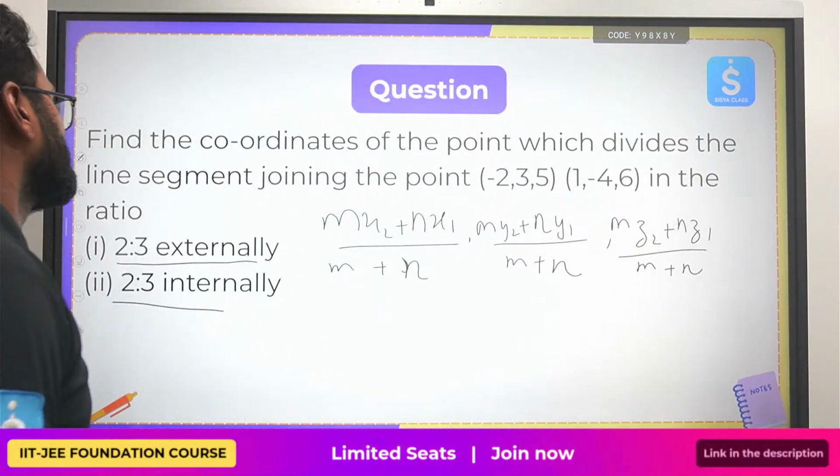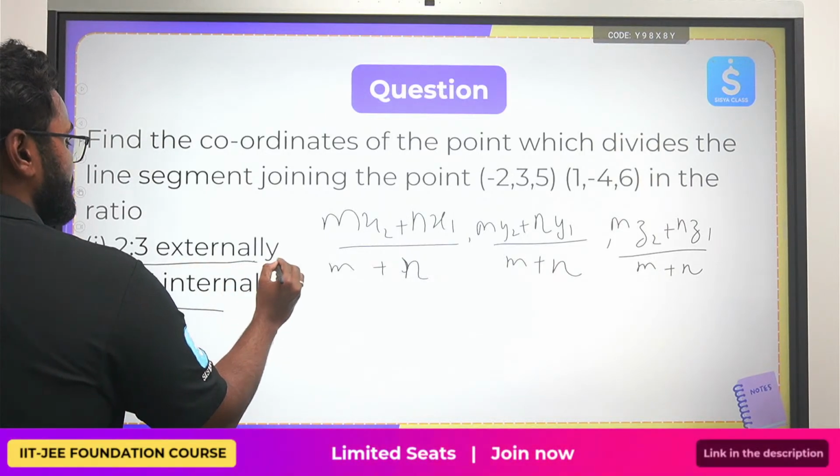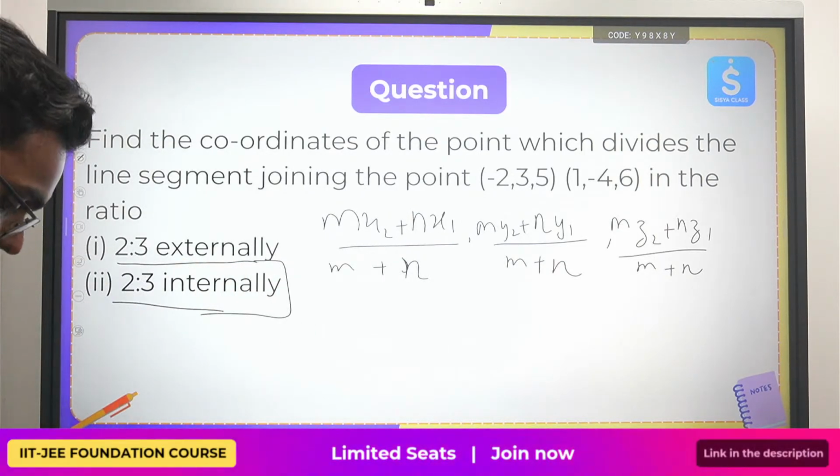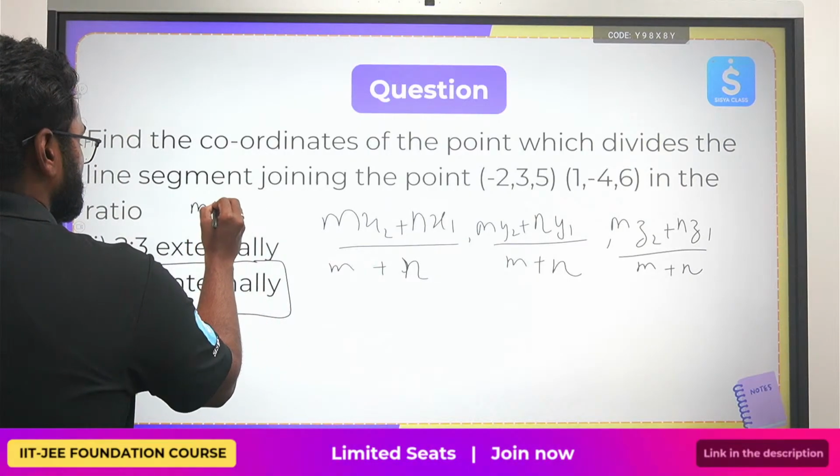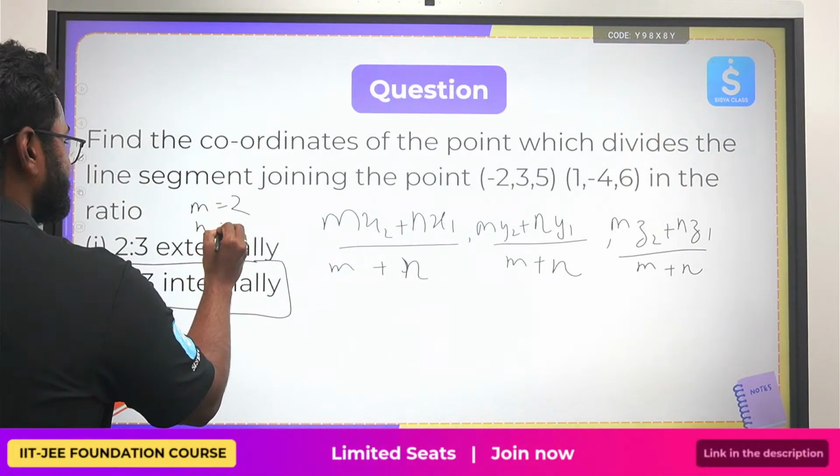Let us try to find first internally, then we can change the sign and say it externally. What is m? m is 2, n is 3.